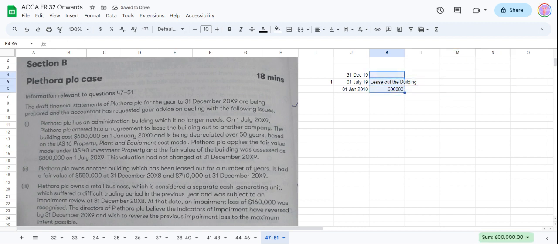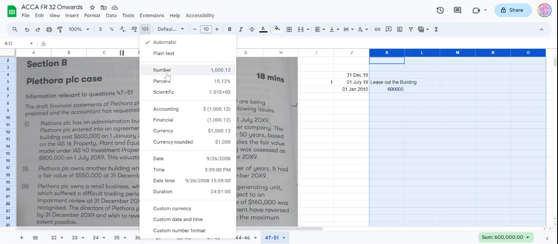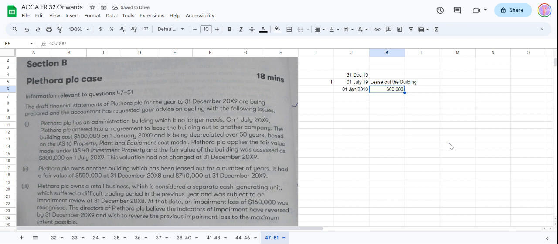Let me change the number format to financial. We don't need the decimals. So 600,000 was the cost. Its life is 50 years. Life in years 50, based on the IAS 16 property, plant and equipment cost model.